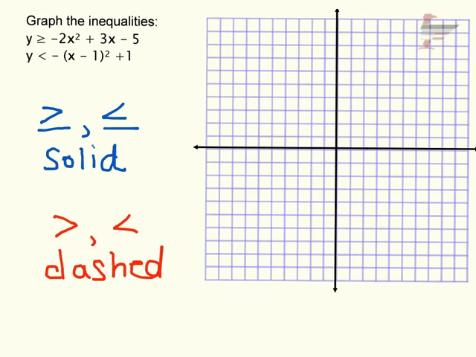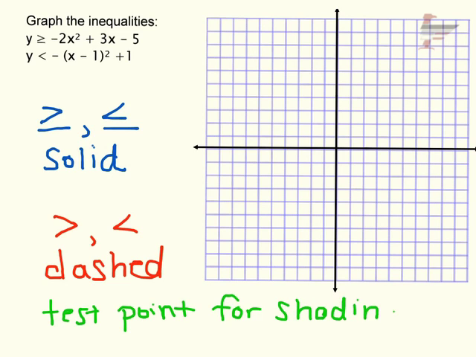And last but not least, if you're unsure where to shade, you should definitely test a point for shading. And remember, if you test a point, usually 0, 0 is the easiest point, unless, of course, your graph goes right through the origin. And if it's true, you want to include that point in your shading. If it's false, you don't.